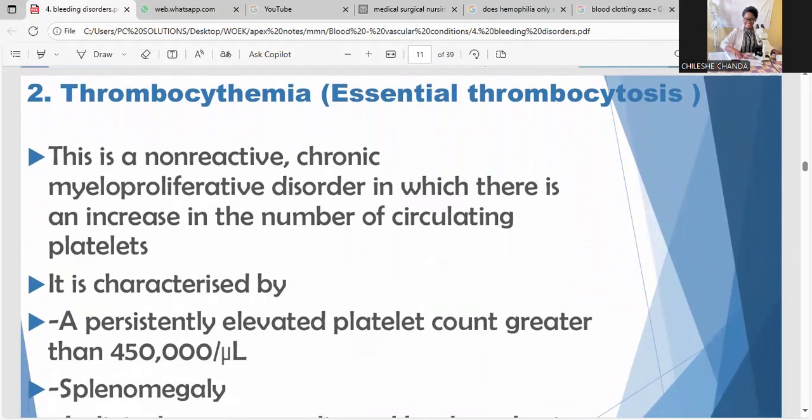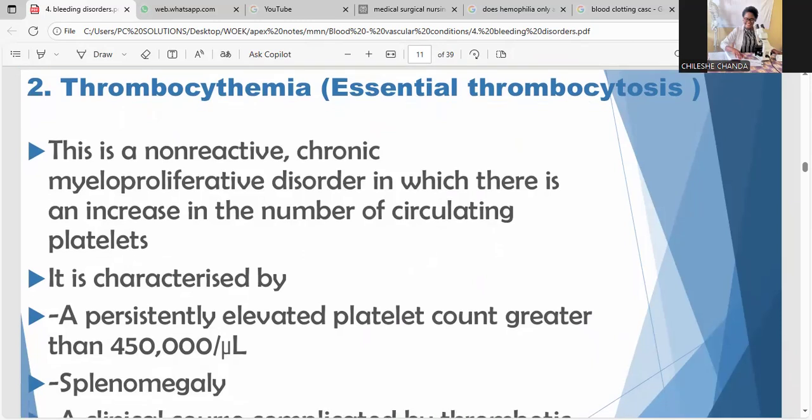The second group under conditions of thrombocytes is thrombocythemia. This is a non-reactive chronic myeloproliferative disorder in which there is an increase in the number of circulating platelets.